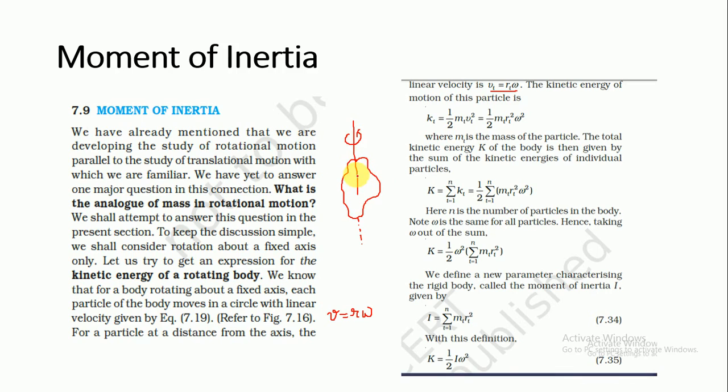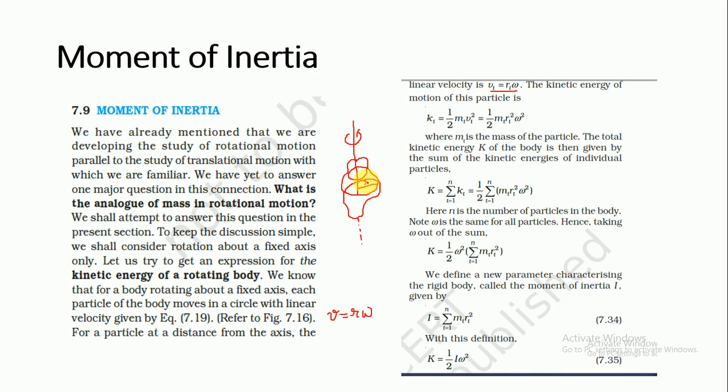You see, when the body is rotating, the different particles are moving in circles. If you concentrate on only one particle, for example, the particle here, it is going to move in a circular track of radius r, or Ri if I am talking about the ith particle.